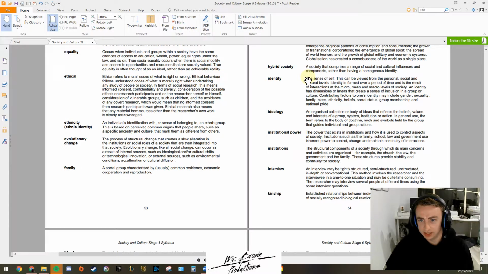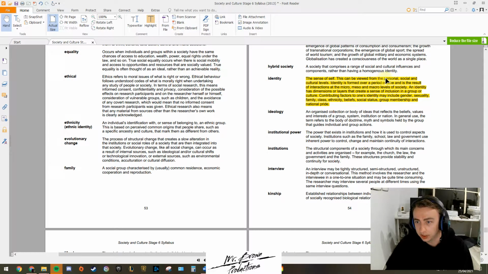Okay, so identity, as it's written here, is your sense of self. So it's the thoughts that you ascribe yourself with and how you engage and react in the world. Now, with identity, as it says here, it can be viewed from a personal, social, and cultural level.